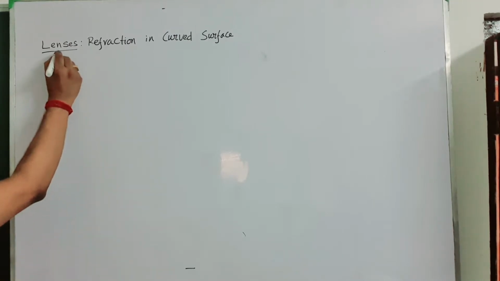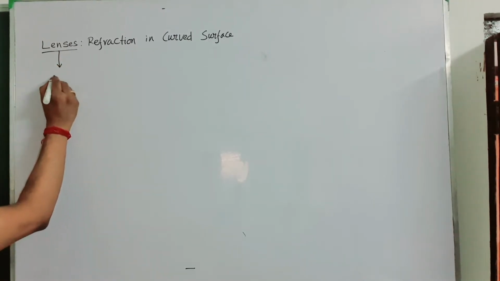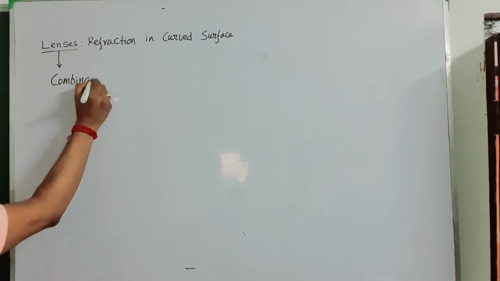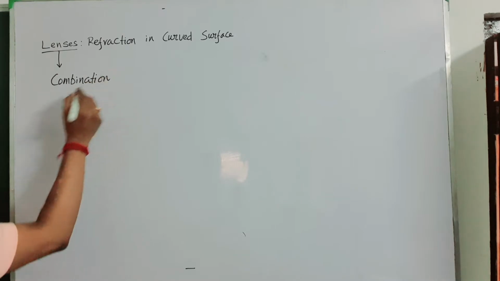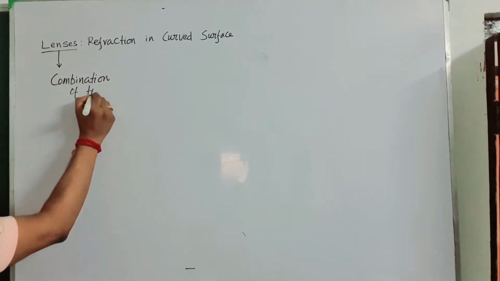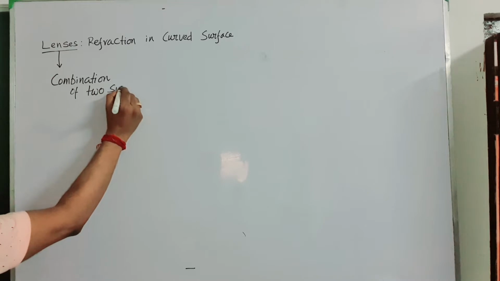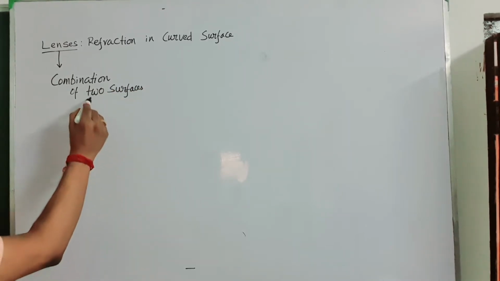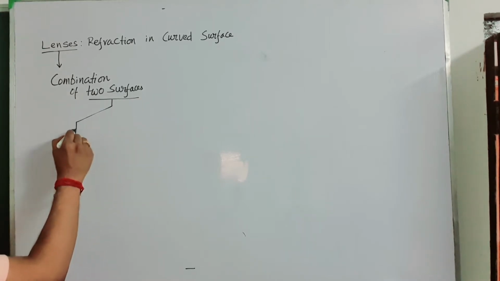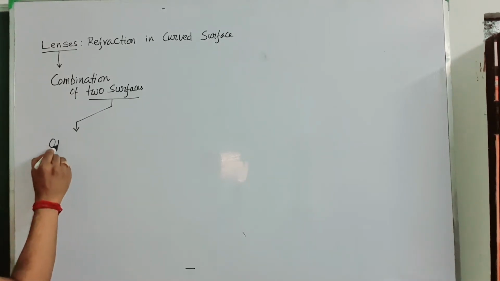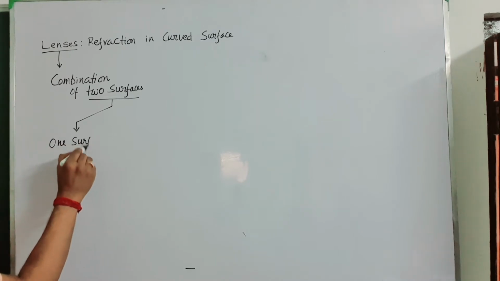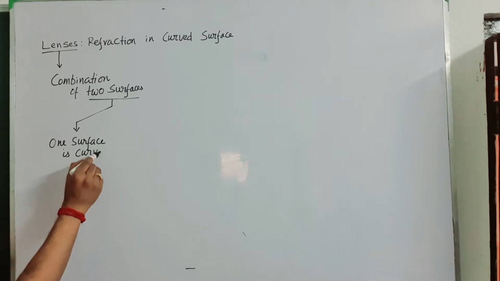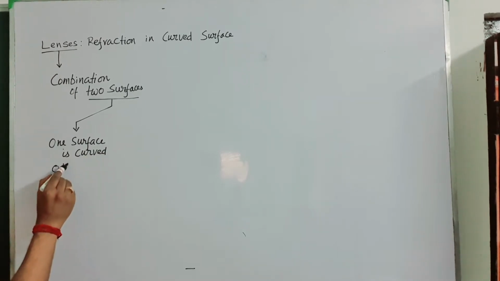So lenses are basically a combination of two surfaces. In between these two surfaces, maybe like this, one surface is curved, other is also curved.